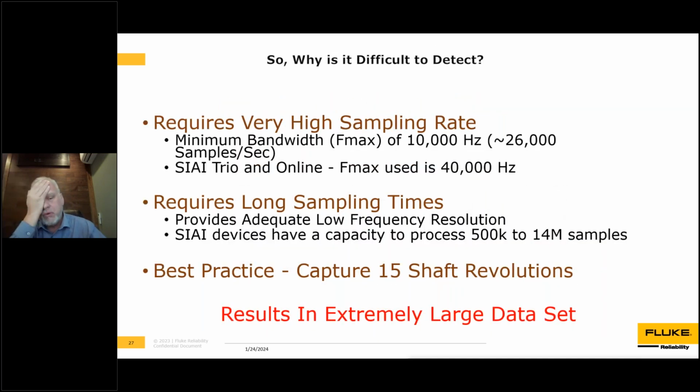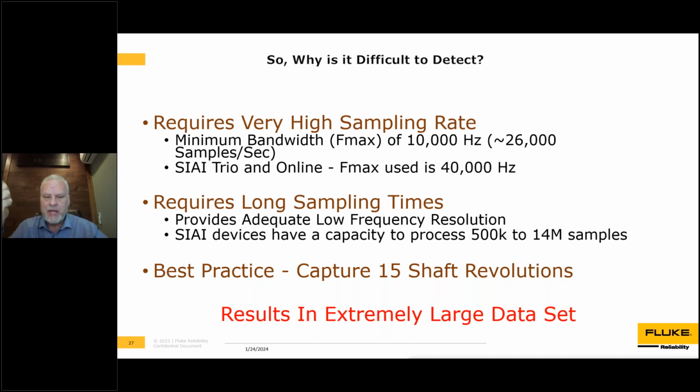So why is it difficult? What makes this difficult to detect? I mean, I just showed you, I can see it real easy. I just got to do a couple tricks. What's the problem? Well, one, it requires a very high sample rate. I mentioned that already. In a couple of test studies that we've done, we've verified that you need to be sampling at least about 25 kilohertz, usually an Fmax of around 10,000 hertz, to capture most of it.